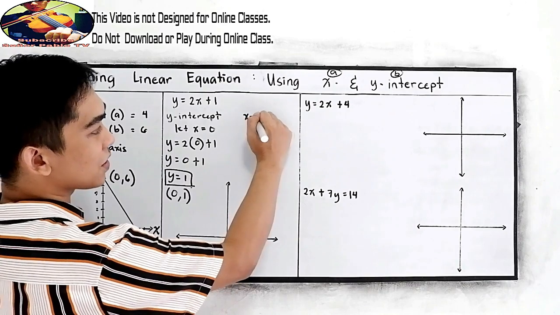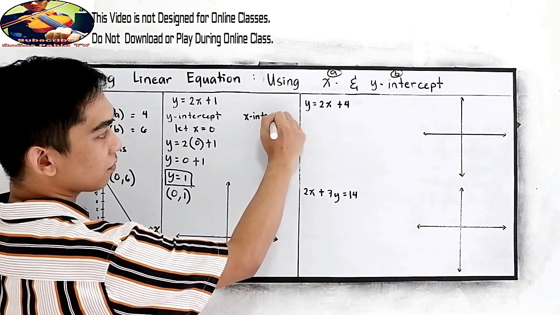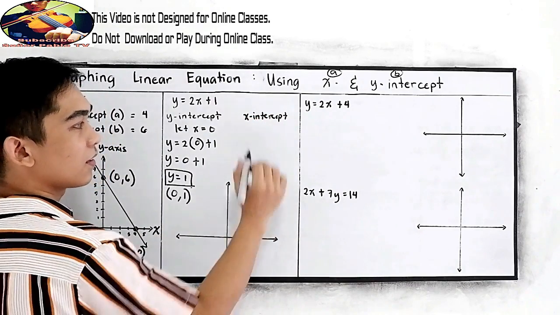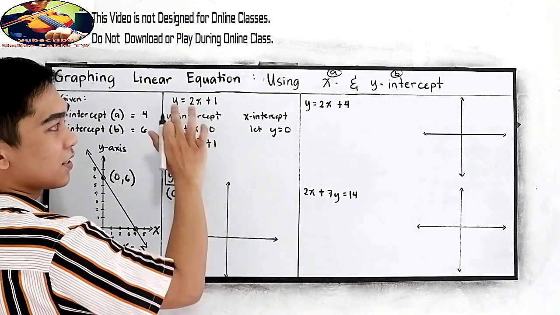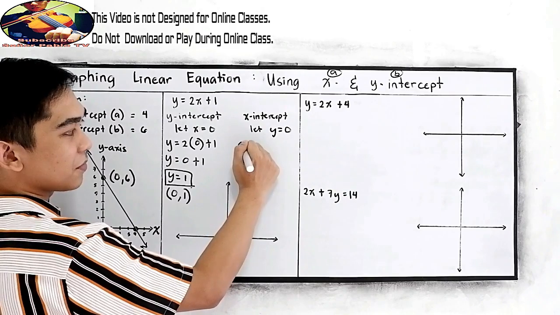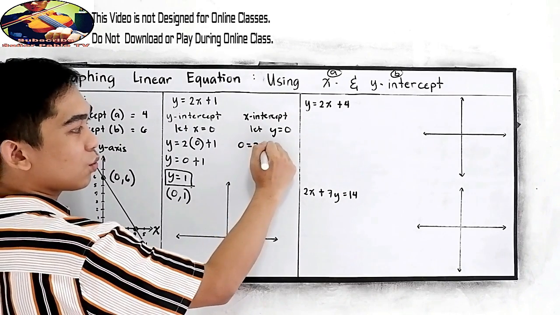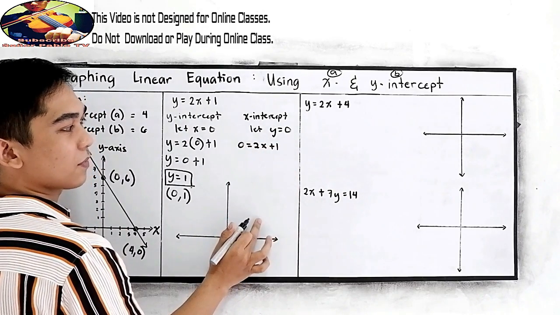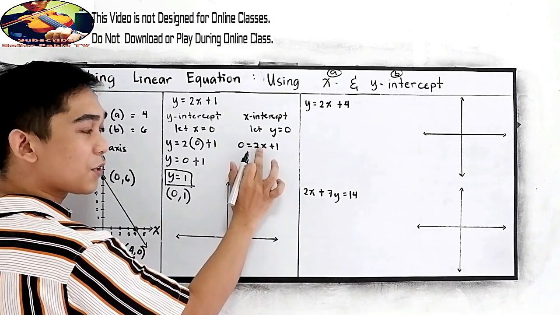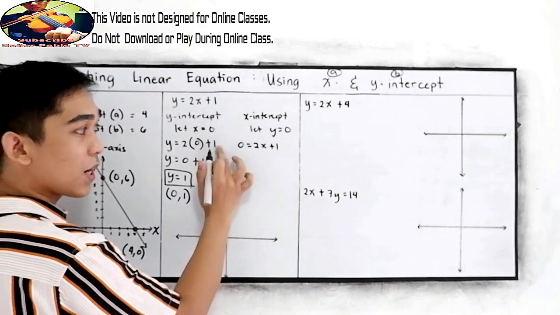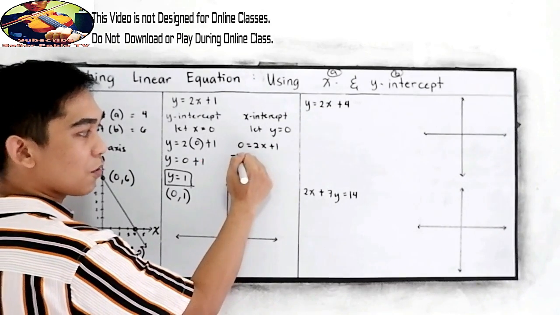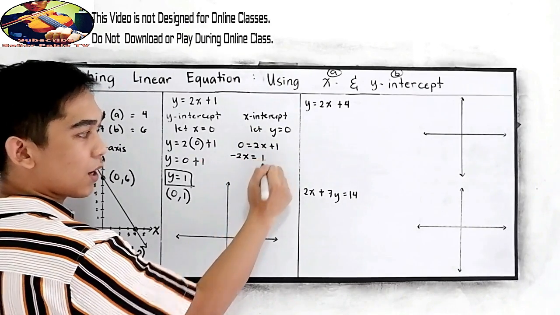And for the x-intercept, let y be equal to 0. 0 is equal to 2x plus 1. We need to find the value of x. So by the addition property of equality, subtract 1, so that will become negative 2x is equal to 1.